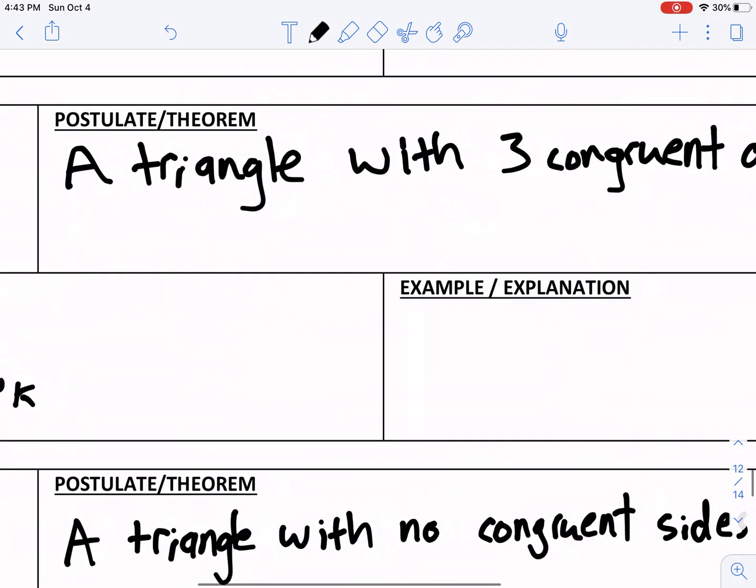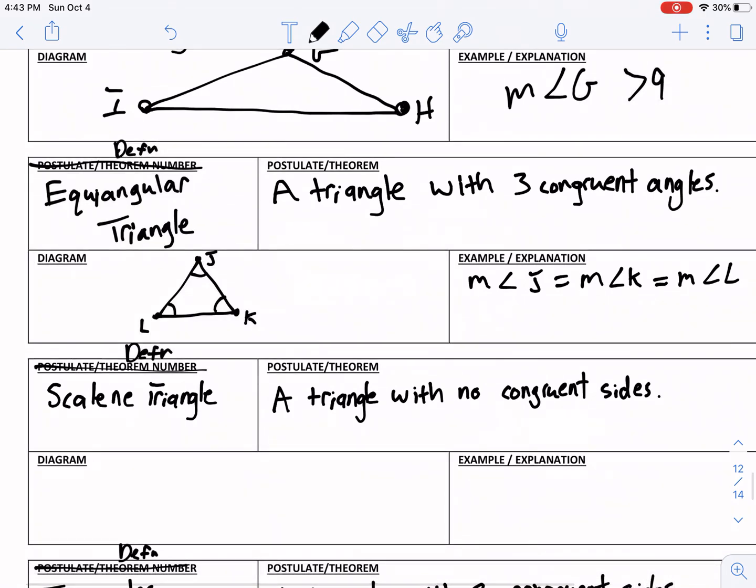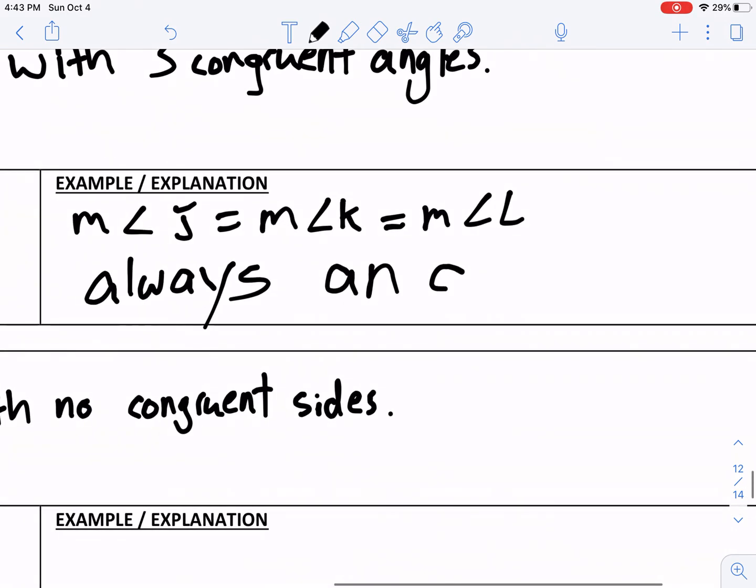So the measure of angle J is equal to the measure of angle K, which is equal to the measure of angle L. In other words, each one of those angles is congruent. Now, another thing you need to notice about the equiangular triangle is that it will always be an acute triangle.